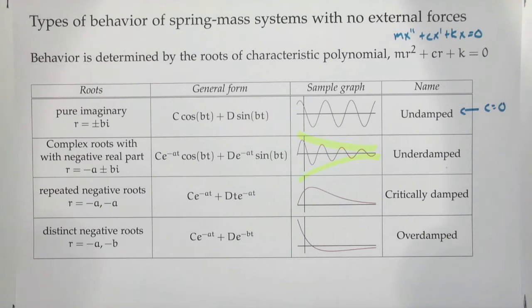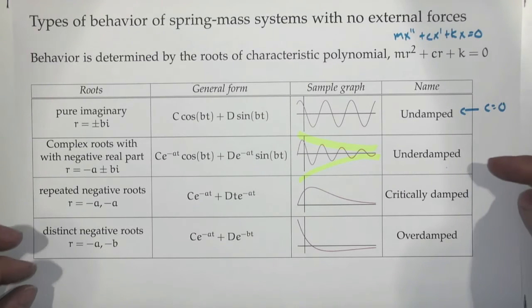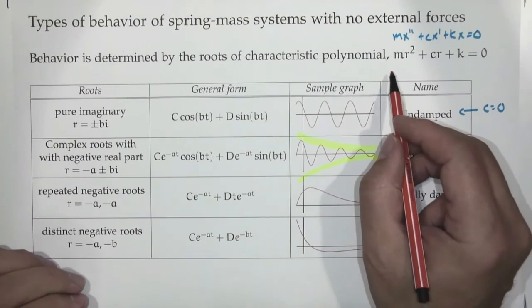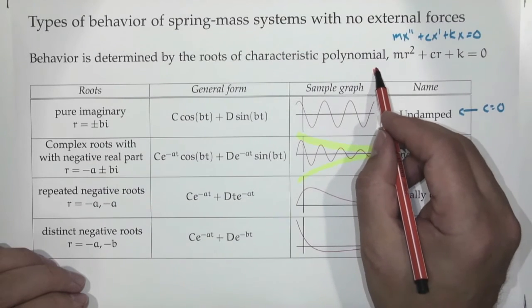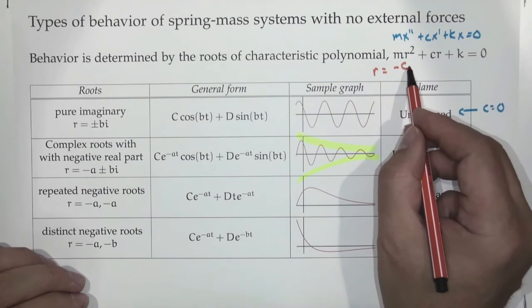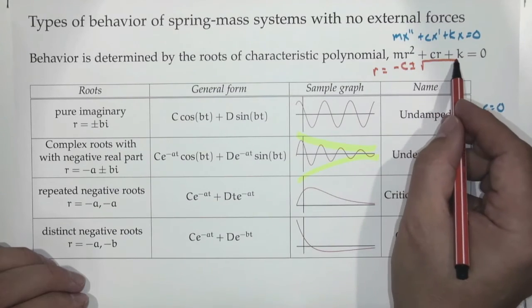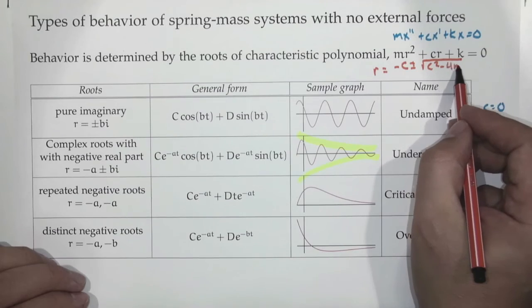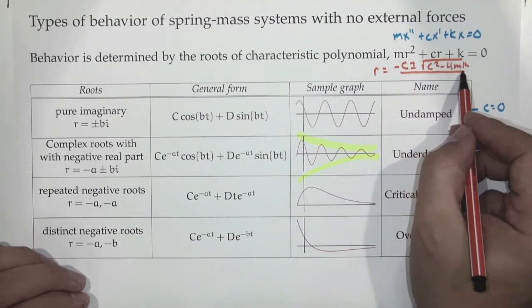One other quick thing we can talk about is we can actually sort of see ahead of time which situations we're in. Because we have the quadratic formula, right? And so our roots, if we just work them out, well, they're negative c plus or minus the square root of c squared minus 4mk all over 2m.